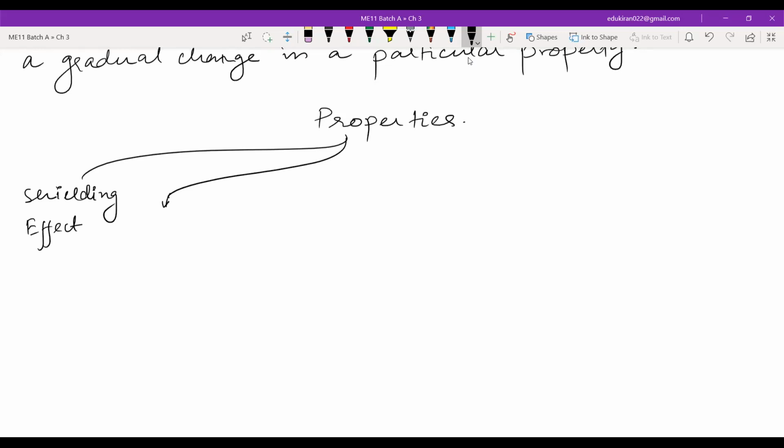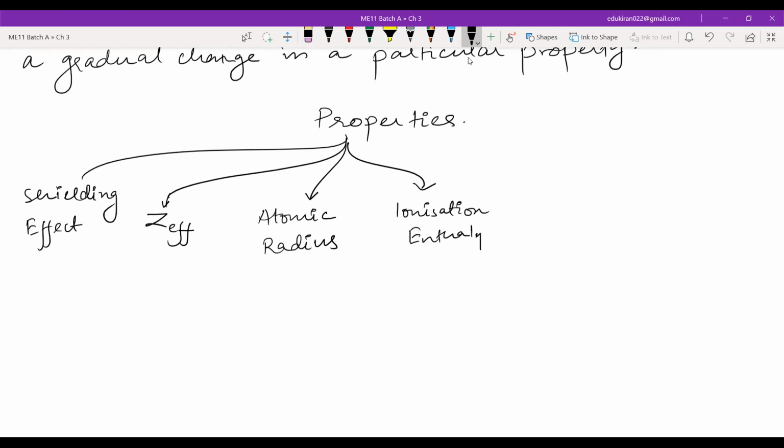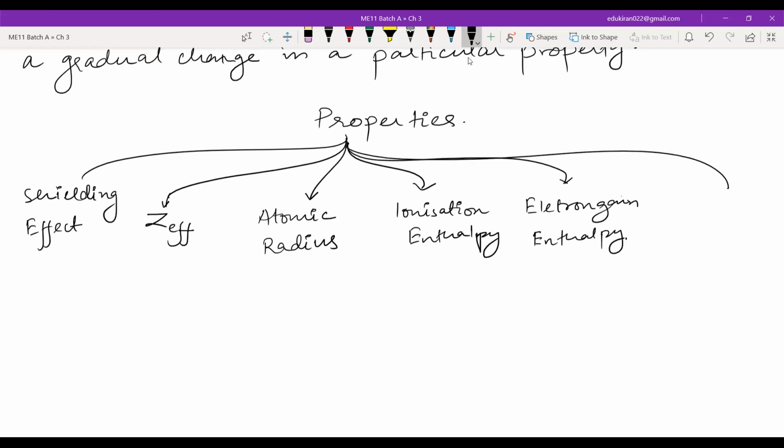After that, we will learn about the effective nuclear charge, Z effective. After that, the atomic radius, then the ionization enthalpy, then electron gain enthalpy, and at last, electronegativity.